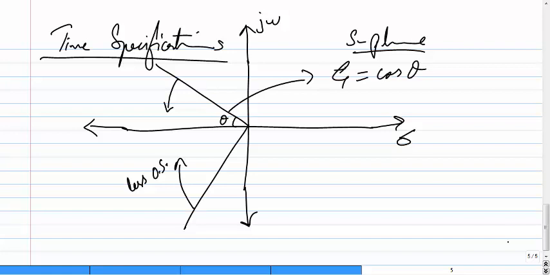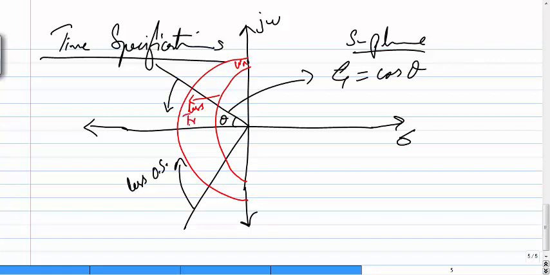So this is the one spec that we have. The second one is omega n, because the point here on the j omega axis is omega n. If it is a semicircle, this gives us the value of omega n. As we go in this direction, with omega increasing, we have less rise time.